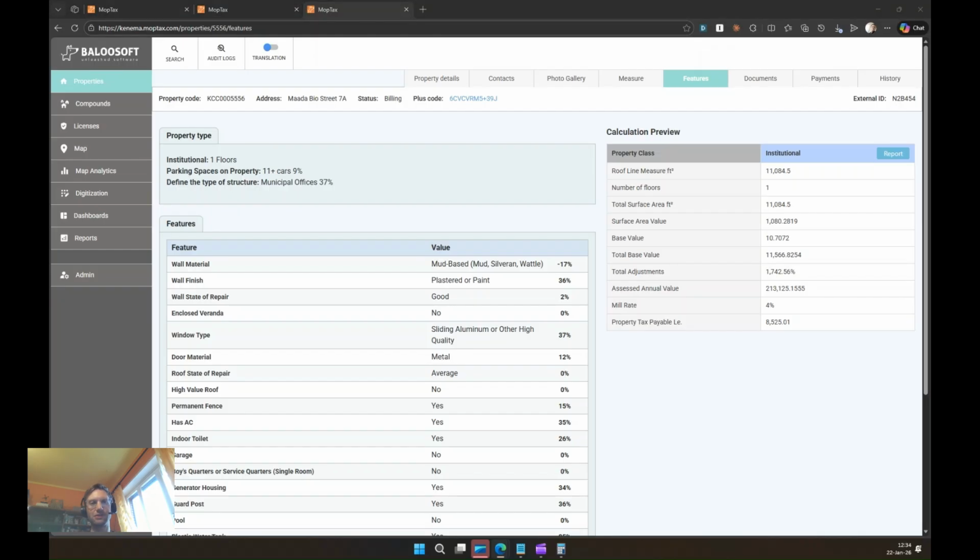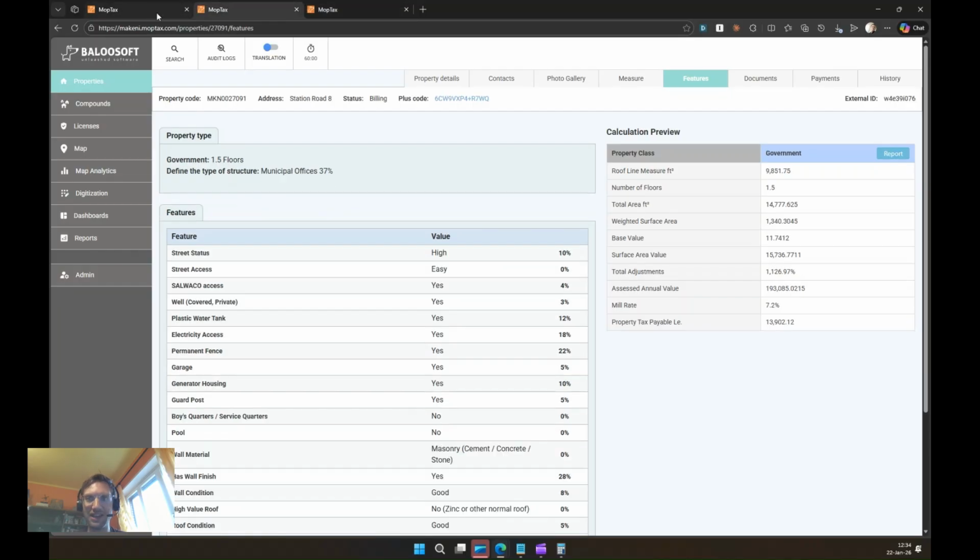So if they are commercial or NGO or institutional, then they measure the number of parking spaces. And because this weight does not apply to all properties, because it only applies to non-domestic properties, this weight is displayed in the property type area and not in the features area alongside the structure type weight.